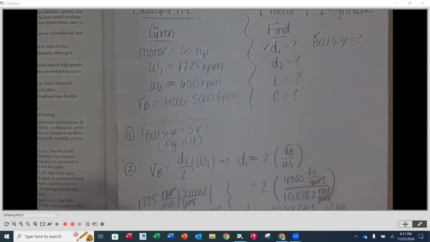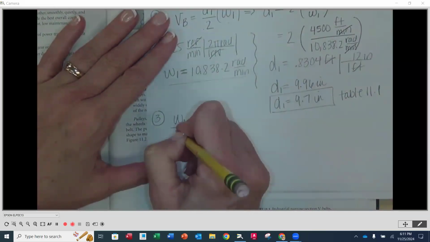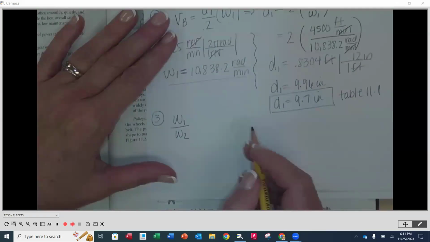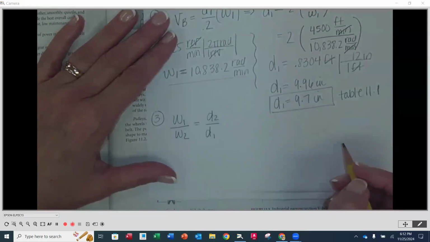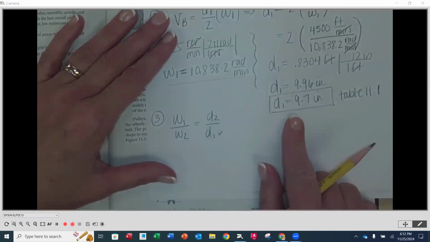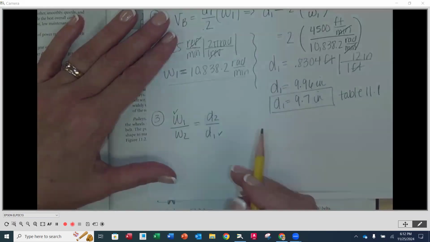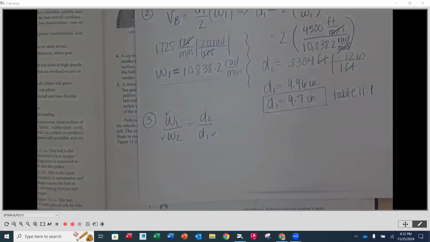So if we use the velocity ratio, we can say that W1 over W2 is equal to D2 over D1, right? We know D1, we know W1 from above, and we know what we want to try to achieve for W2. So our only unknown here is what will D2 be?